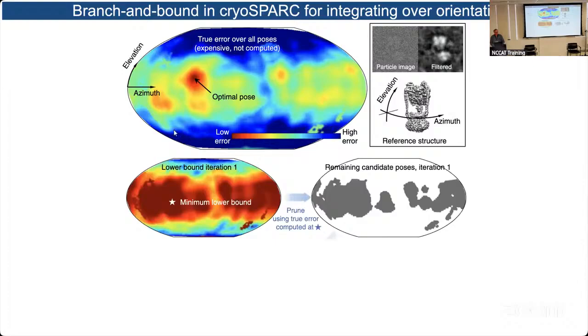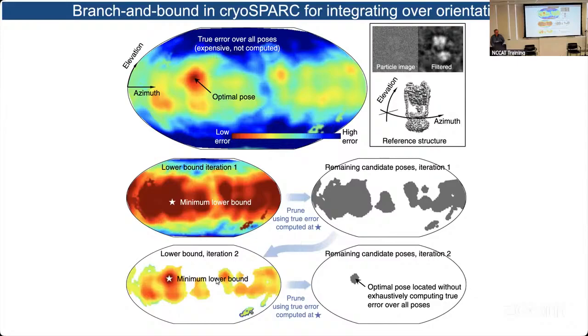So the way CryoSpark does it is it evaluates this entire map, but at low resolution, so it's relatively cheap, and then they prune everything that does not promise to give a high upper bound on that probability, and then through a pruning step they reduce the domain over which to search, and then on the second iteration they can then prune the vicinity of the maximum.